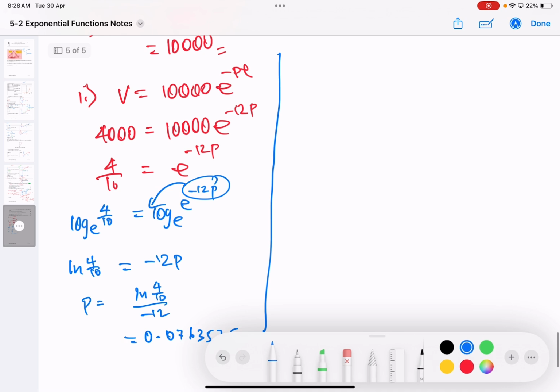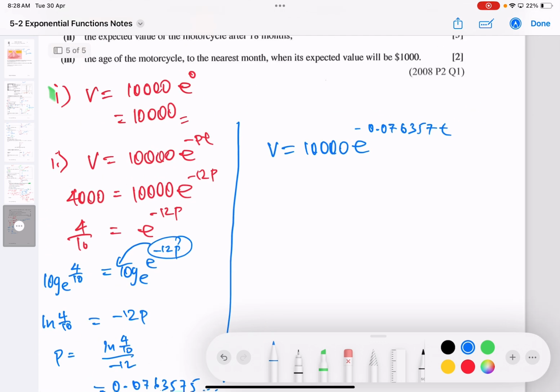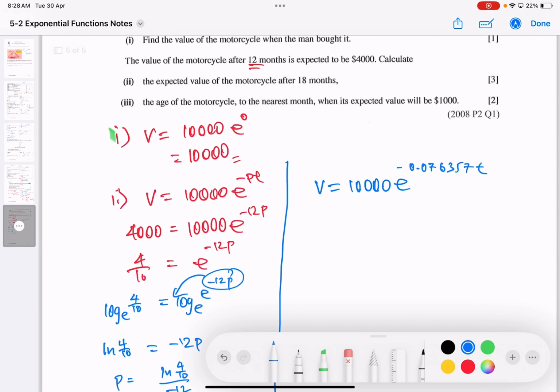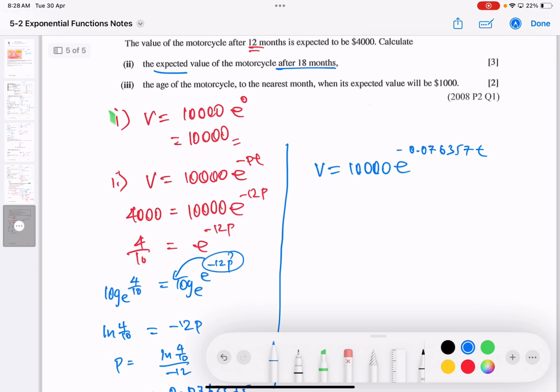So I substitute back, which means my new equation is V equals 10,000 E to the negative 0.076357 T. So can we answer the question now? What is the expected value of the motorcycle after 18 months? So what is our answer? Okay, can you try by yourself? When you're done, you look up and check your answer with mine.